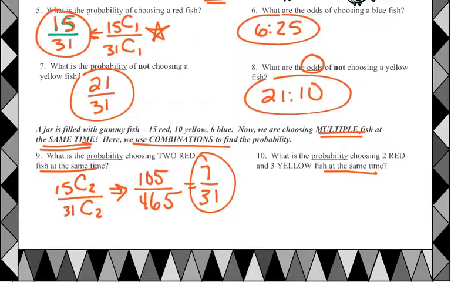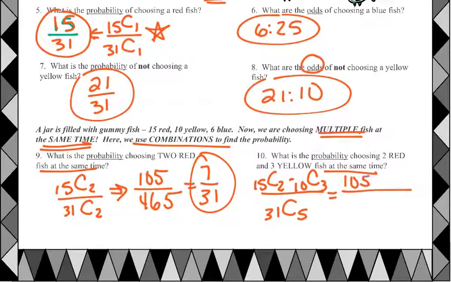If I want to choose 2 red and 3 yellow at the same time, so now I have 15 C 2 and 3 yellow, so there was 10 yellow, and I'm choosing 3, and then all together there was 31 fish, and I choose 5. So I know that that's 105 from before. And so if I do the other one, 10 nCr 3, oh yeah, we did that the other day, that's 120, right?